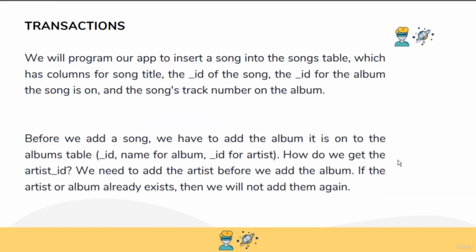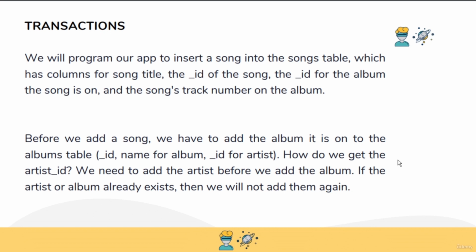Let's demonstrate. We will program our application to insert a song into the table songs, which has columns for the song title, the ID of the song, the ID for the album the song is on, and the song's track number on the album. Before we add the song, we have to add the album it is on to the albums table, where we have the underscore ID of the album, the name for the album, and the ID for the artist.